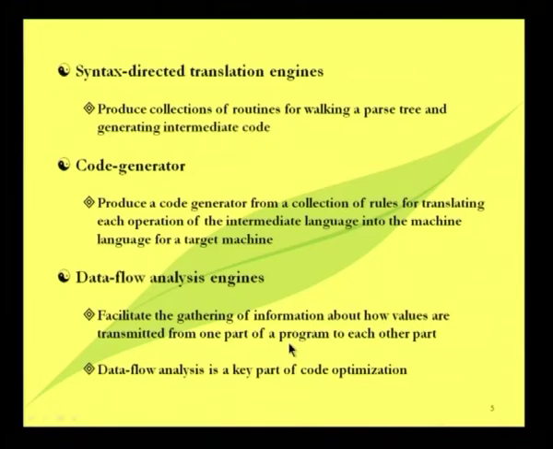For example, to find the value of a variable at any point, you first need to know where the variable has been declared, where it has been defined, and what is the most recent definition that reaches a particular point of your code. Once you know that, we can easily find the value of the expression.